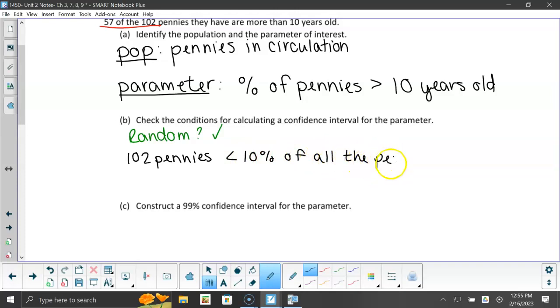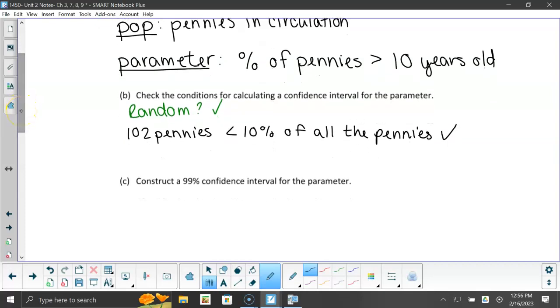Yes. That is way less than 10%. All right? Yes. It's like socks.